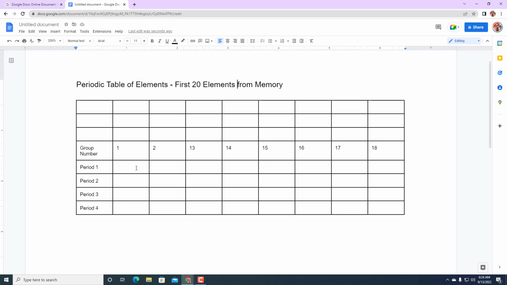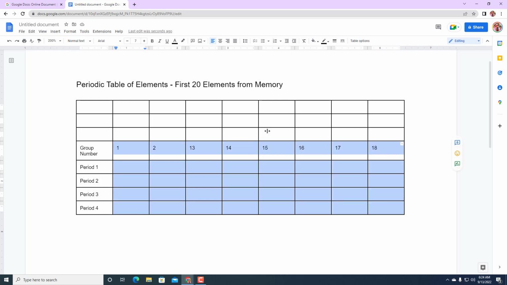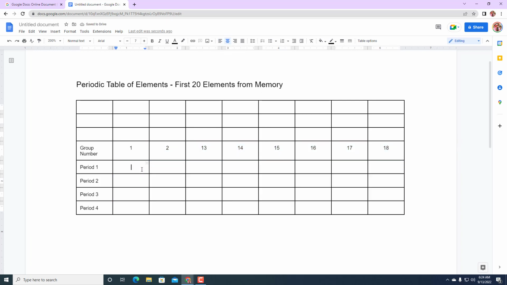Okay, so let's start with just numbering everything. To make things easier or more familiar, we'll use center align. Start there, and we'll start with 1. This is a little bit goofy: we're going to put our 2 all the way here under group 18. So group 1 is a 1, group 18 is a 2.